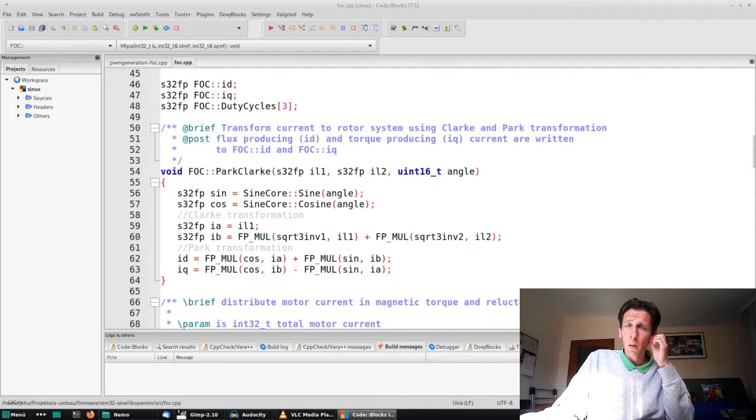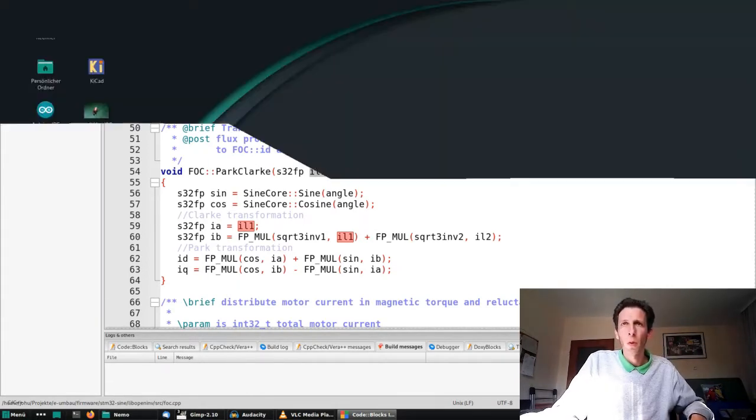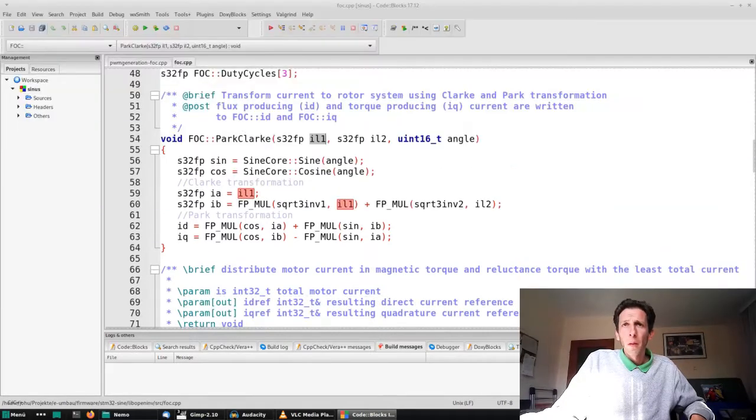Yeah, we can take a quick look at the actual transformation functions. Maybe good to have seen them. So here we enter the Park and Clark transformation function with the measured physical quantities in amps. Because if we use physical quantities here, we can also use physical quantities for configuration, as in how much current do we want to go into the motor. Yeah, so transformation needs the sine and cosine of the current rotor angle.